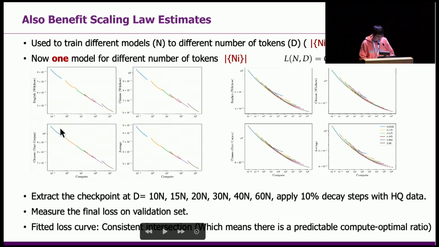So in practice, we only train 6 models and extract the checkpoint at D equals 10N, 15N, 20N, 30N, 40N, 60N, and apply 10% decay steps with high quality data. And we measure the final loss on the training set. And then the fitted loss curves give us a consistent intersection, which means that there is a predictable compute optimal ratio.